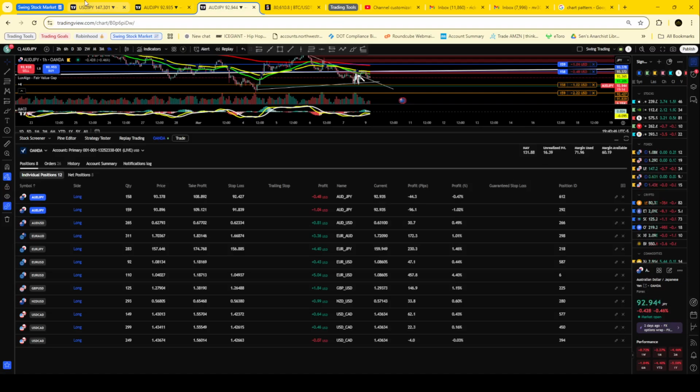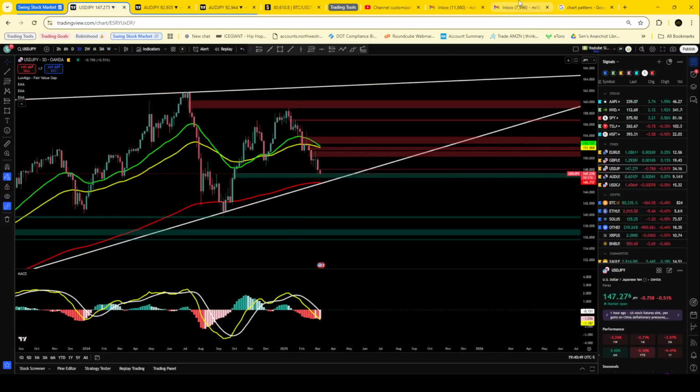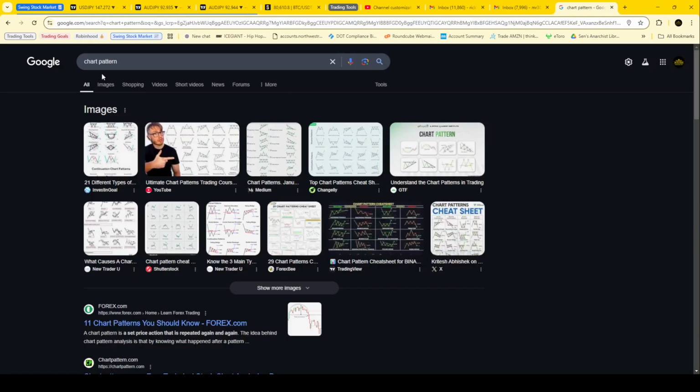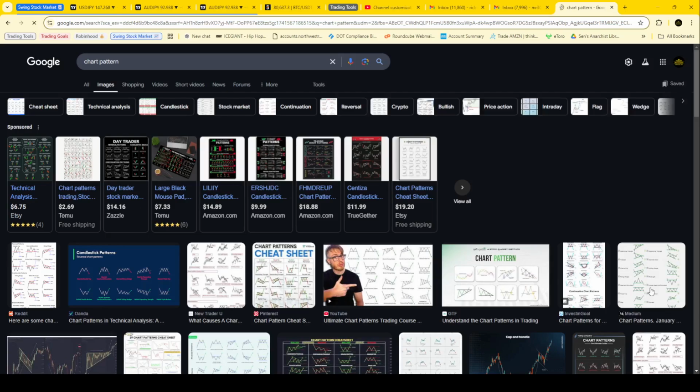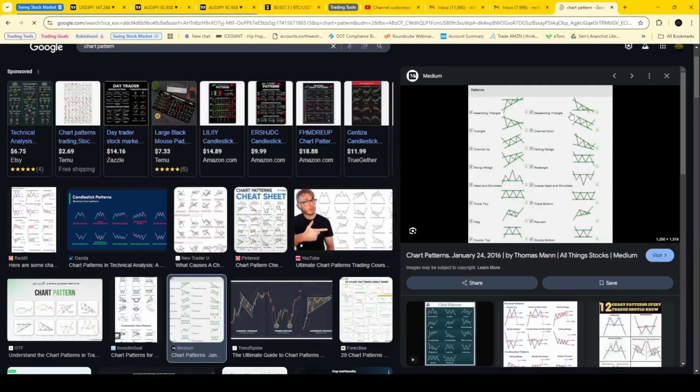So, to get to chart patterns, just go to Google and type in chart pattern. These two are my go-to chart patterns, just because they're the first two that pop up.